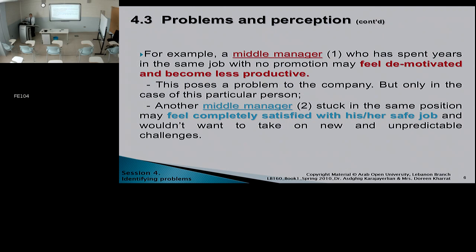He's a supervisor. A middle manager means what? Supervisor, team leader, group leader, or head of department, like here in AOU. So he spent years and years in the same job. He feels demotivated and he wants to change.